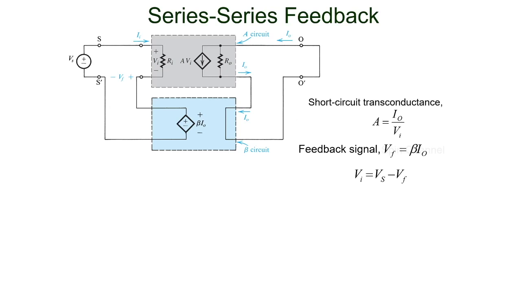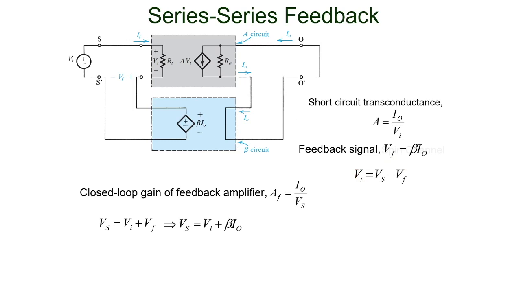The closed loop gain of the feedback amplifier is given by the output current by the source voltage Vs. Now Vs we can write as Vi plus Vf from the previous expression. On replacing the value of the feedback signal Vf, we end up with Vs equal to Vi into (1 plus A into beta).